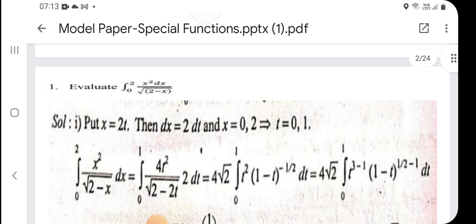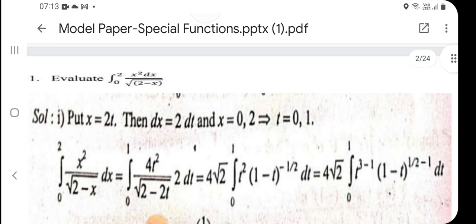In order to change that, we are going to use the transformation, put x is equal to 2t, then dx becomes 2 dt. When x varies from 0 to 2, t varies from 0 to 1. Therefore, the integral 0 to 2 x square by square root of 2 minus x dx becomes integral 0 to 1 4t square divided by square root of 2 minus 2t into 2 dt.